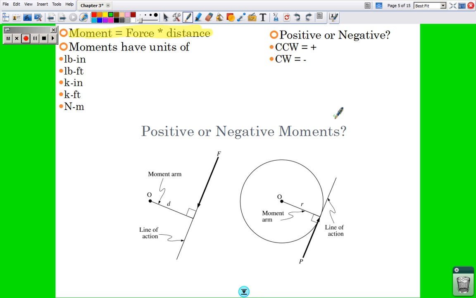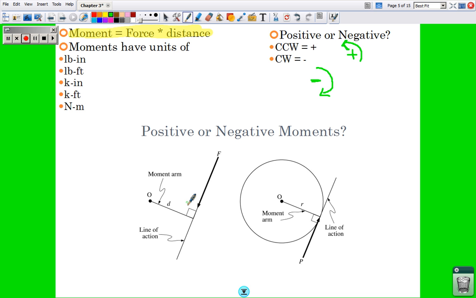Now, we have a convention about whether we're calling it positive or negative, all right? A clockwise moment, going this way, is negative, all right? A counterclockwise moment, if it tends to rotate in this direction, we say that is a positive moment, all right?